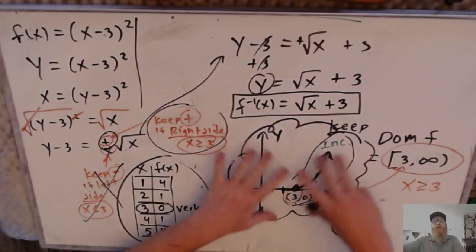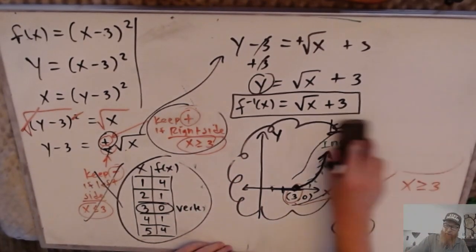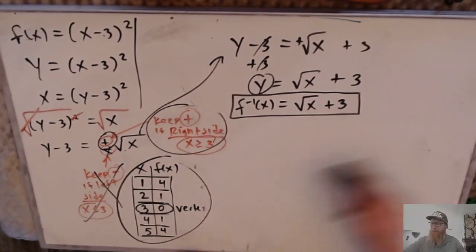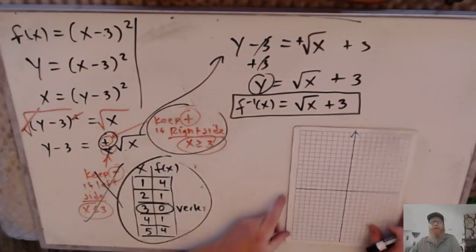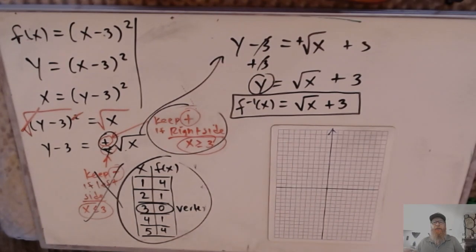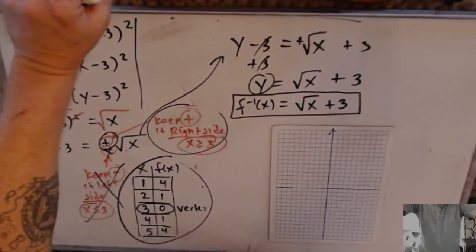All right, so this was just a rough sketch. I want to draw an accurate graph of both of the functions. So to be a little bit more accurate, I'm going to use this. Let's see if I can get a little bit closer.